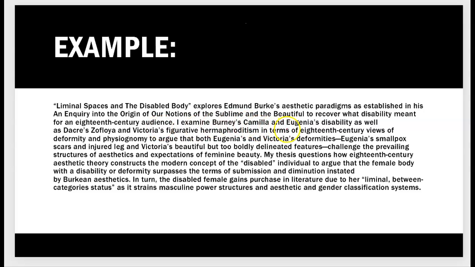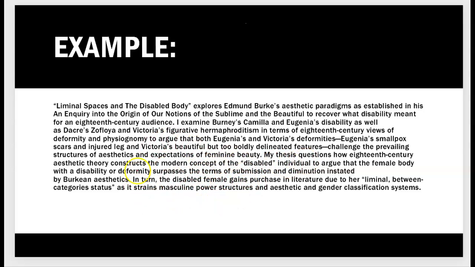I examined Burney's Camilla and Eugenia's disability, as well as Dacre's Zofloya and Victoria's figurative hermaphroditism in terms of 18th century views of deformity and physiognomy, to argue that both Eugenia and Victoria's deformities, etc., challenge the prevailing structures of aesthetics and expectations of feminine beauty. My thesis questions, etc., etc.